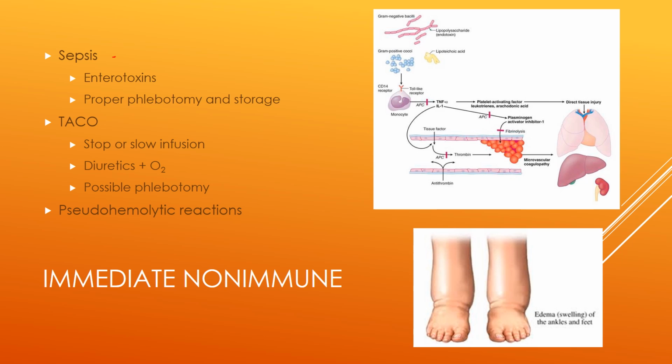So if there are toxins in the product, that may occur. We also have to consider those organisms that can survive the lower temperatures. Our most common problems: Pseudomonas is a common problem because it's a water organism that grows in the environment, so it can grow at lower temperatures. Yersinia can grow at lower temperatures.